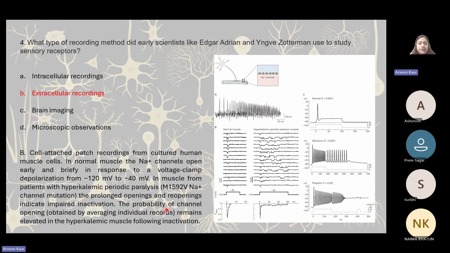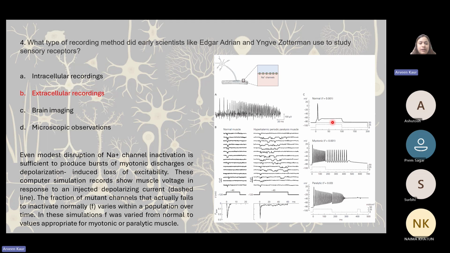The probability of channel opening, which is obtained by averaging individual records, remains elevated in the hyperkalemic muscle following inactivation. After inactivation, ideally for a transient period of time, no other activation should be possible. But over here, that is not the case, right? So that is why probably this paralytic kind of effect is being caused.